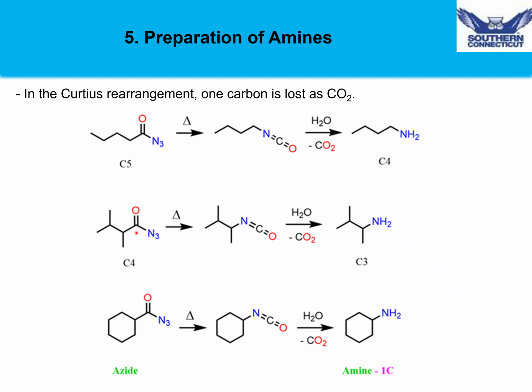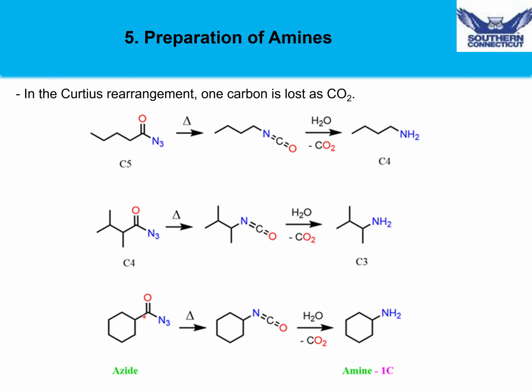The next example has 4 carbons in the longest chain. If we heat it, we get an isocyanate, which when it reacts with water leads to the loss of CO2, plus an amine that has only 3 carbons in the longest chain. Note that we have essentially transferred a nitrogen from the acyl azide directly to this carbon here with the loss of the CO2 or the carbonyl.